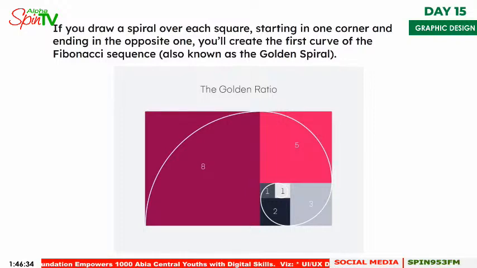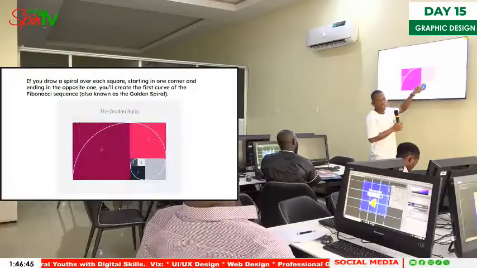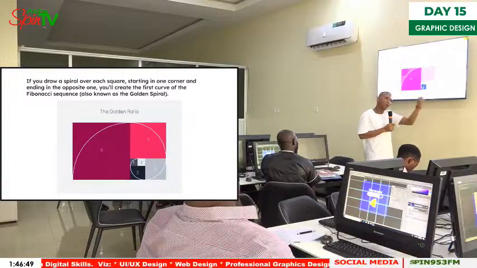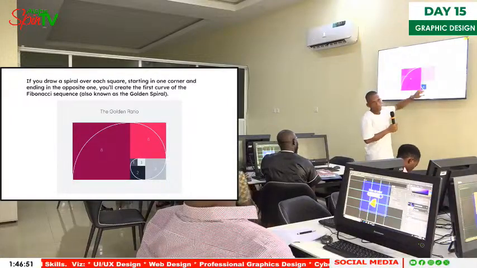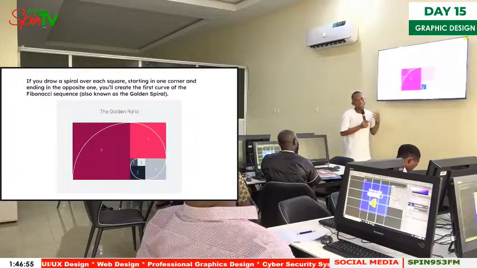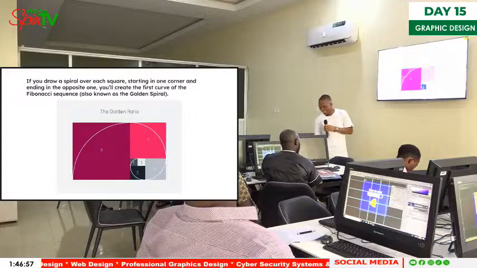If you divide it by 1.618, you get this. Divide it by 1.618, you get this. Divide this one, you get this. Then divide it again, you get something that is small. But because we are starting over from 0, 1, 2, this is how it works. I don't want to confuse you guys that much because you are looking at me like I'm telling a story.